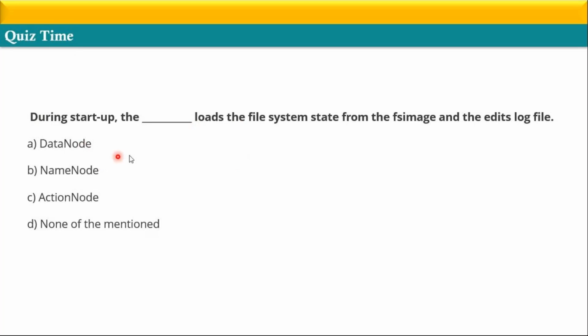It is the duty of the name node to put the files inside the shared memory and share them with the secondary name node as well. It is the master holding the responsibility to share those files which hold the system image. System image means what is happening inside the cluster. That is shared in terms of FS image and edit log file, and these files keep on updating with the help of checkpointing.